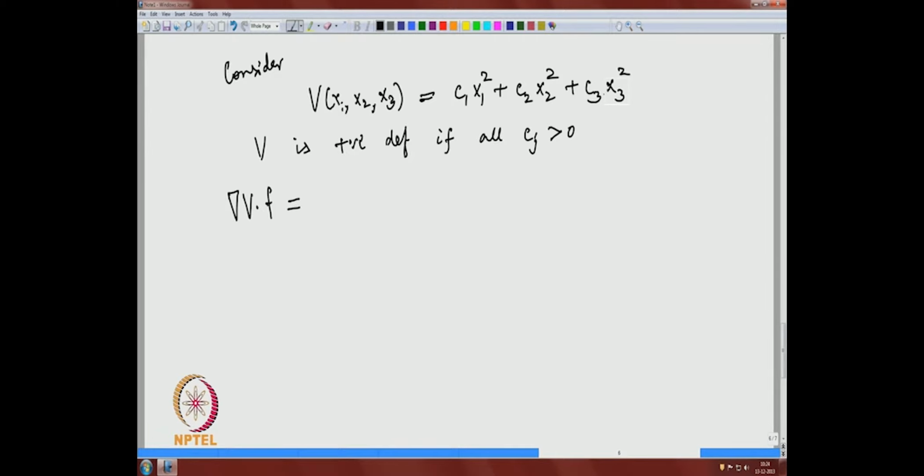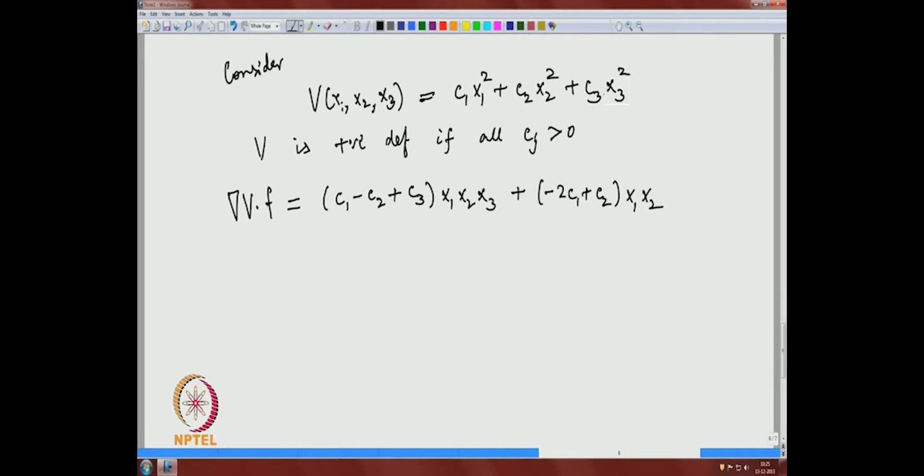So, a little algebra, if you do it, let me write it. So, (C1 minus C2 plus C3) x1 x2 x3 plus (minus 2 C1 plus C2) x1 x2. Okay.